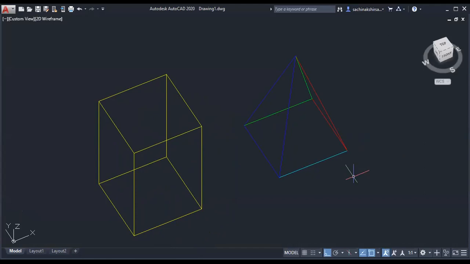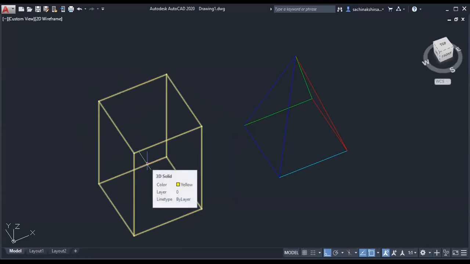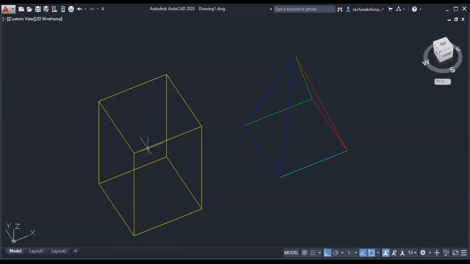12. Any problem? Top side 4, vertical 4, and base is having 4. So 4 plus 4 plus 4, how many edges? 12 edges. Any problem?